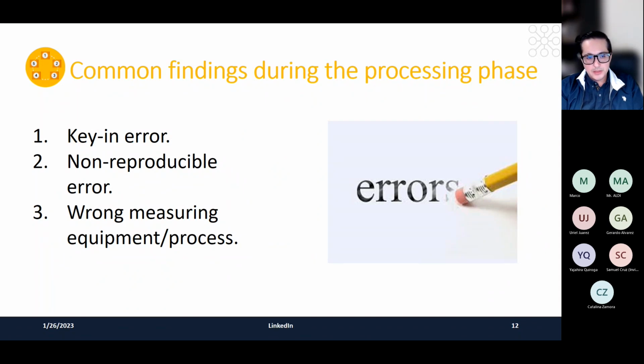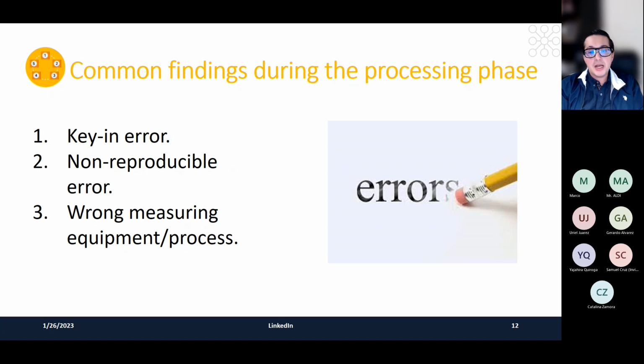The second one is non-reproducible errors. If you have an outlier in your data and you've been working a long time in the manufacturing industry, the first action you think of, even though it's not supposed to be done, is to remove that data point.